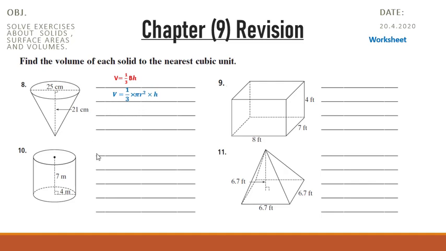And what's the radius? 25. 25 is the diameter of the base. The radius is half the diameter. So it's half 25, which is 12.5. Okay?